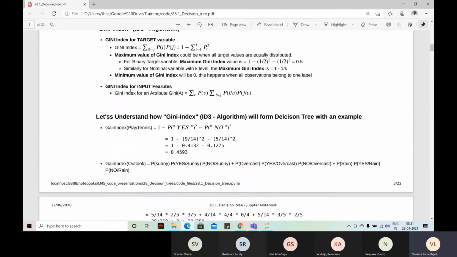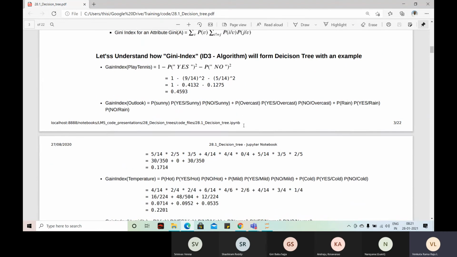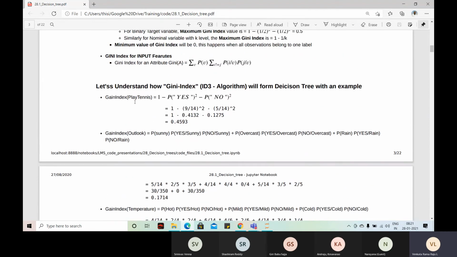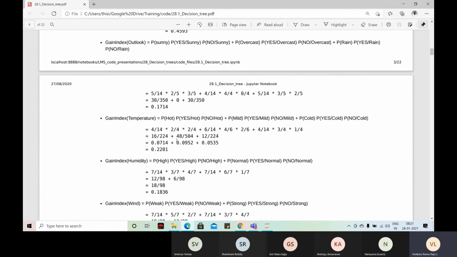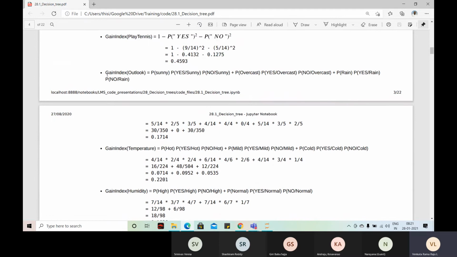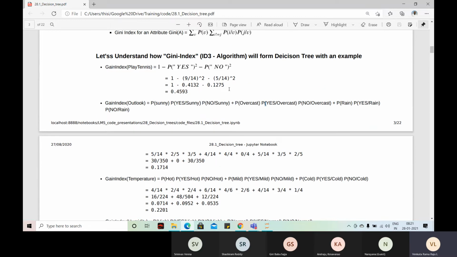Let us look at Gini index. There is a formula to calculate it. Don't look at this formula, it's going to be a bit confusing. I'll show you the actual implementation here. So Gini index for outlook: probability of sunny into probability of yes given sunny, probability of no given sunny, plus probability of overcast into the same, since there are three distinct categories in outlook.